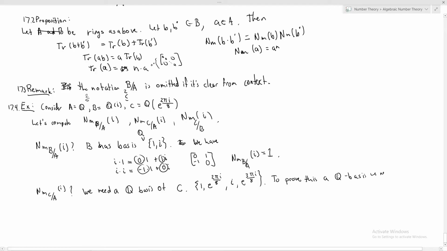We need one, that dim C over A equals 4, and two, that this set spans.